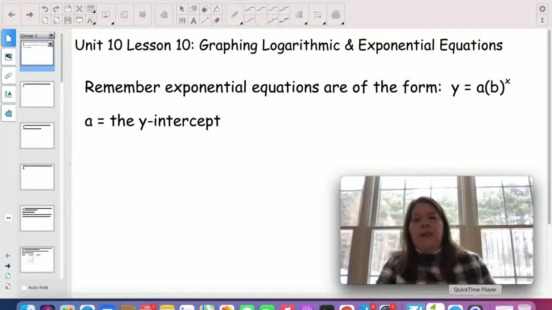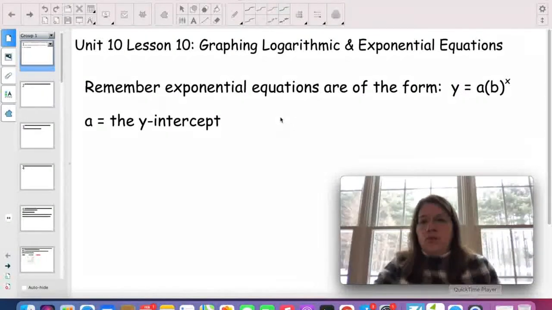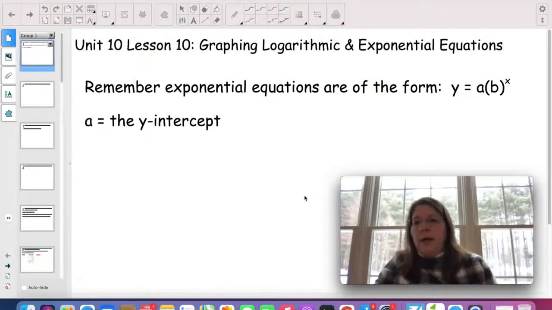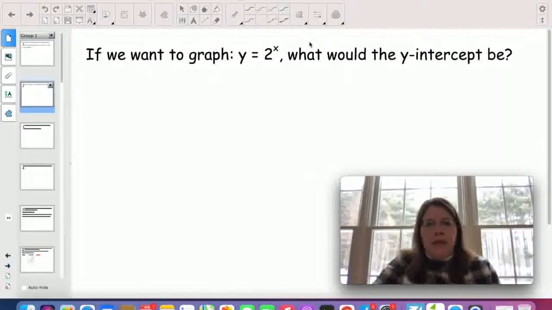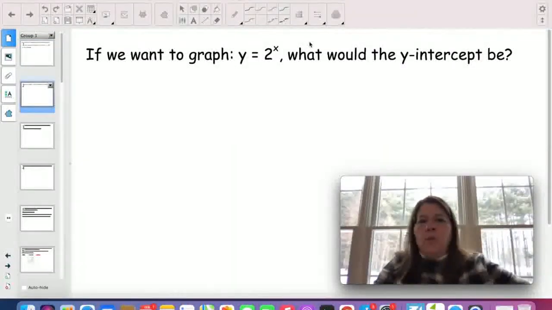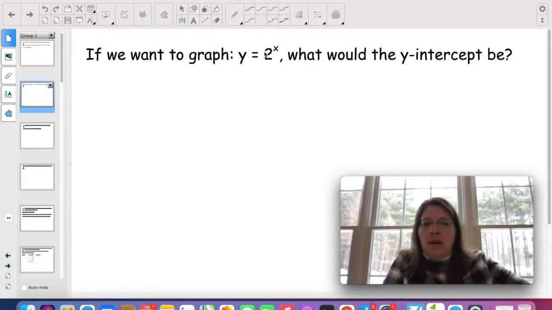So the first thing you need to realize is that exponential equations are of the form y equals ab to the x, and that the a value there is the y-intercept. If I wanted to graph the equation y equals 2 to the x, understand that this is understood to be y equals a times b to the x.